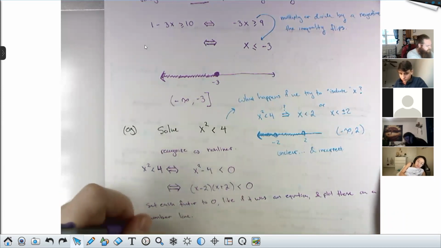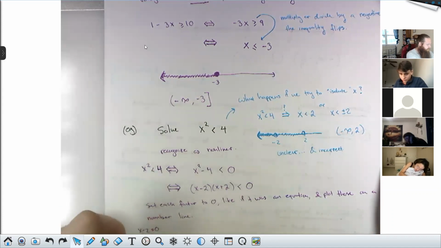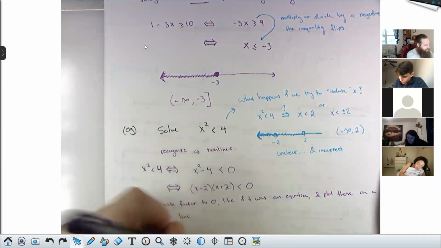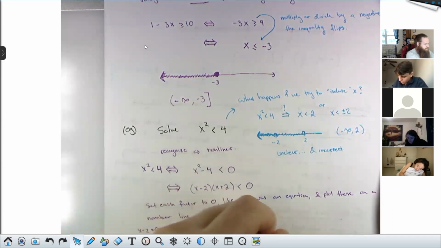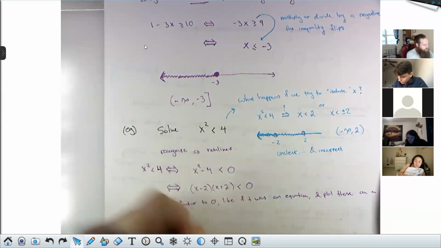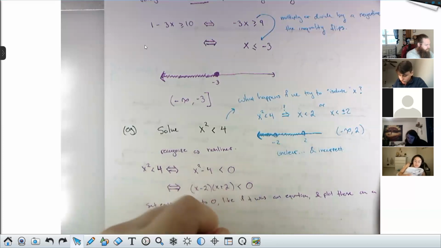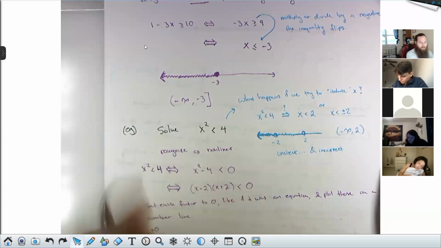So x minus 2 is equal to 0 means x is equal to 2. x plus 2 is equal to 0 means x is equal to negative 2. And I will plot those guys on a number line. So we do see that both negative 2 and positive 2 are important numbers for this problem.